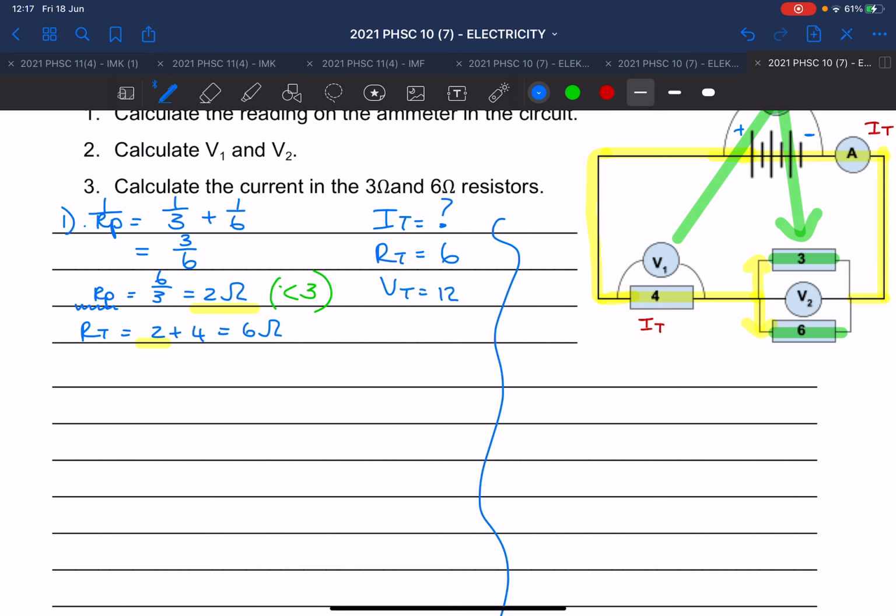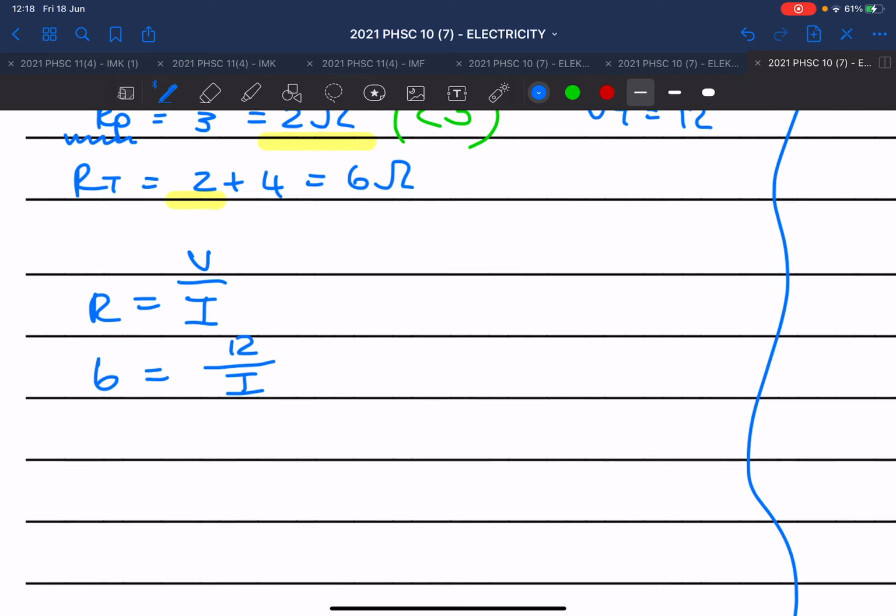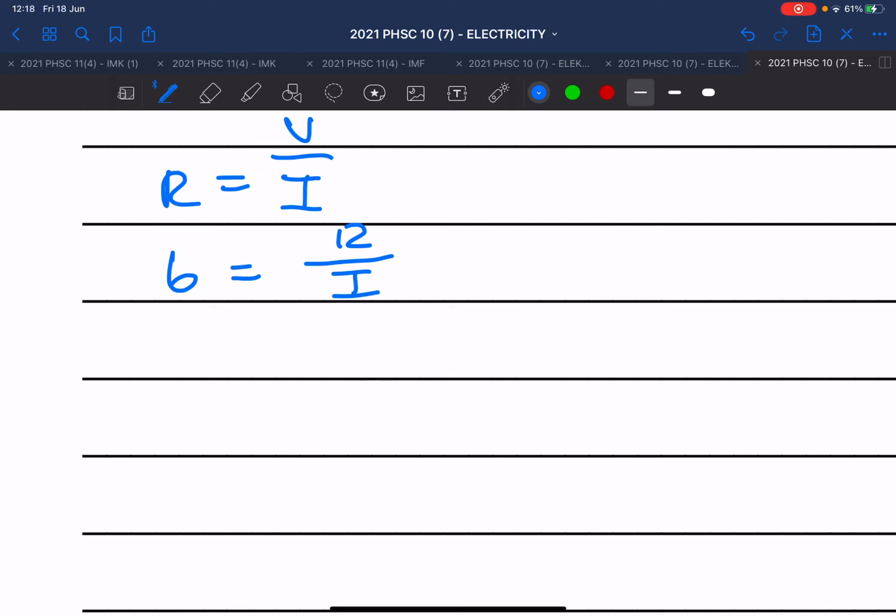And now we're going to start calculating the current. So we have resistance is volts over current. The resistance we calculated to be 6, the volts is 12, and the current we want to get. Current is at the bottom, and we don't like it at the bottom, we want it at the top. Like Bongani did, we can just swap them around.